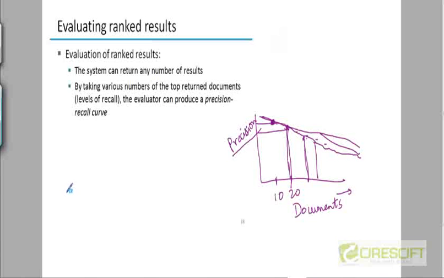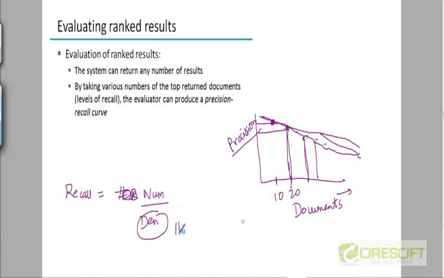Sure. So what I'm saying is the recall is measured by the number of relevant documents that are returned. Let me just call it some numerator divided by some denominator.